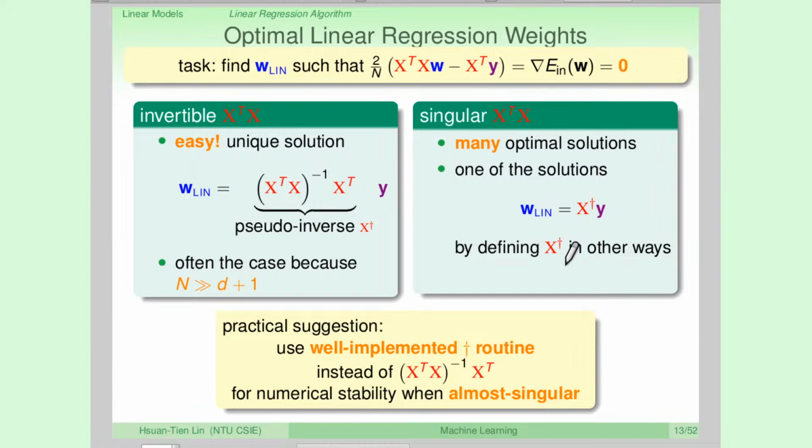Now, in any case, you can get an optimal solution that minimizes E in by setting the gradient to 0. In practice, we often suggest you use a well-implemented routine for the pseudo inverse, instead of directly computing the X transpose X inverse and multiplying by another matrix yourself.